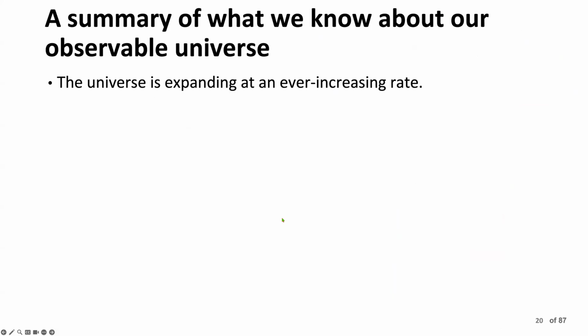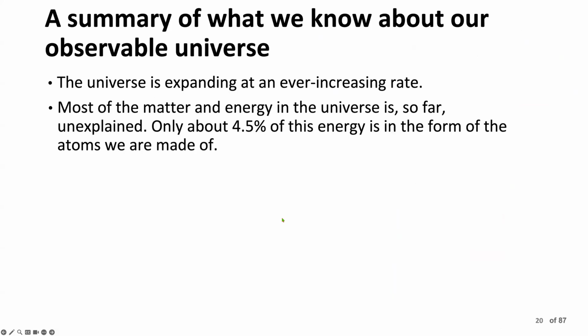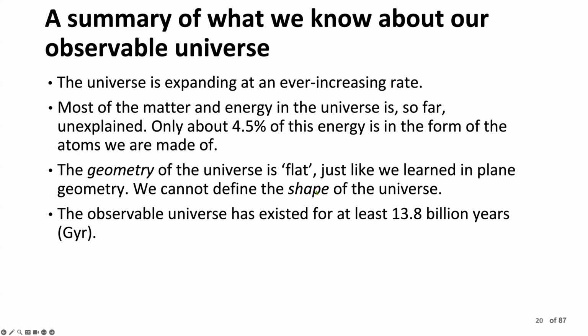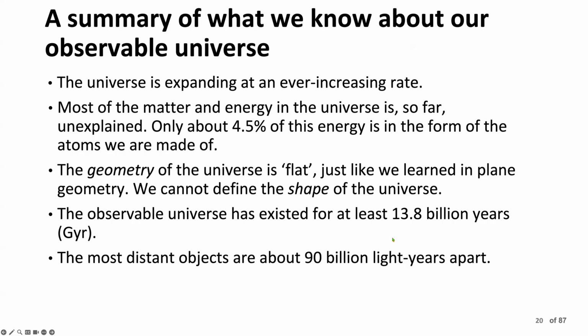And so here's what we know. The universe is expanding at an ever increasing rate. Only about 5% of the universe is atomic. The rest of it is stuff we don't understand. The universe is geometrically flat, and has some unknown shape. It's been around for almost 14 billion years.